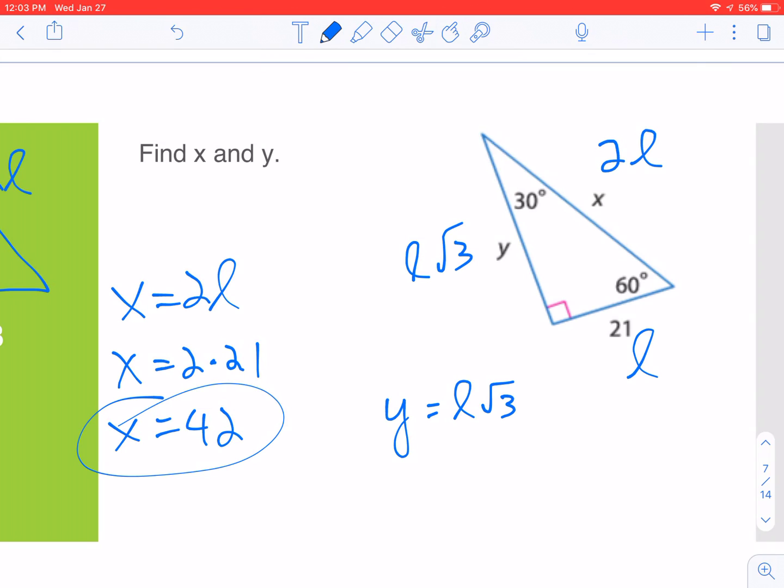And by the way, in these 30, 60, 90s, Y will always equal L root 3. So we plug in 21 for L, and Y will equal 21 root 3.